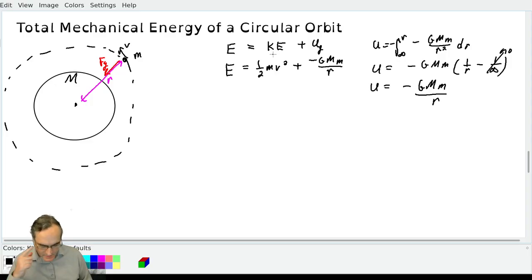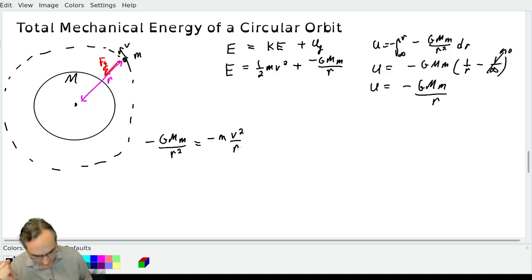All right, so we're going to use gravitational force to figure that out. Basically, minus G mass of central body times mass of orbiting body over the distance between them squared will be equal to minus mv squared over r. This v squared over r with the minus sign, that's just the centripetal acceleration.